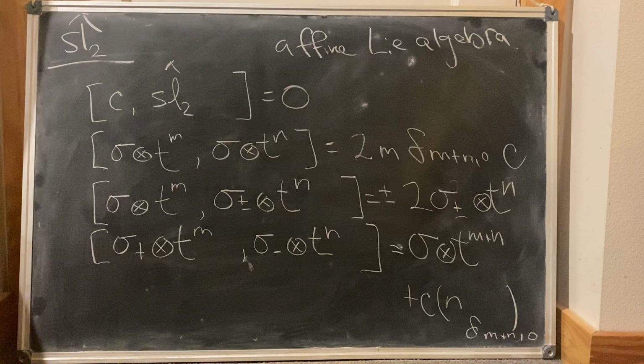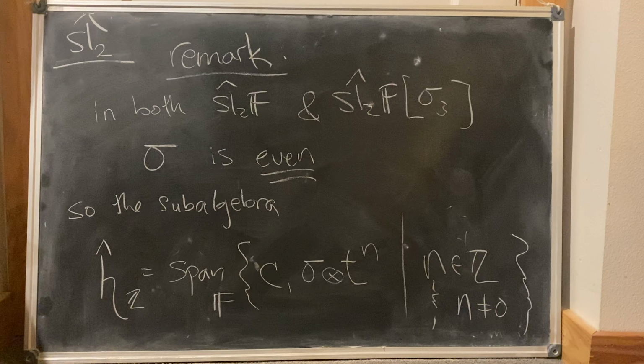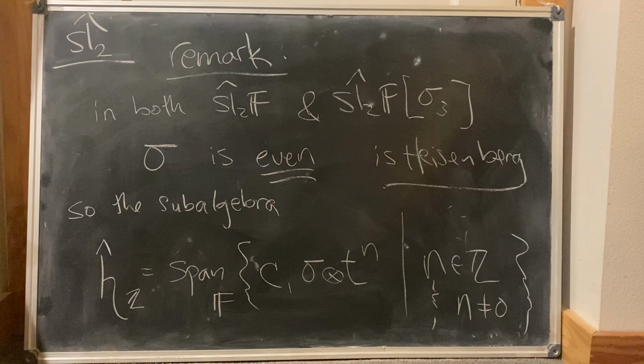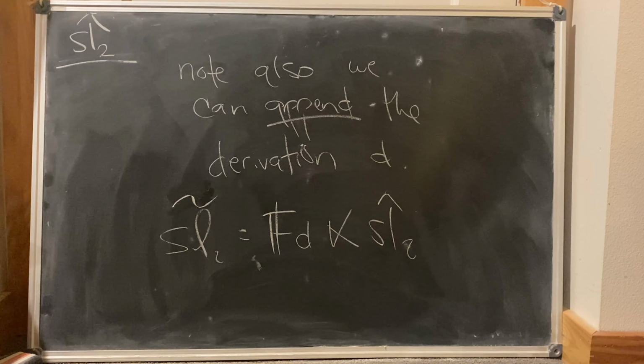This implies that the subalgebra of both affine algebras, given by the span of C, together with sigma times some non-zero powers of t, is a Heisenberg subalgebra. Moreover, it's essentially the familiar Heisenberg subalgebra H sub Z we discussed in Chapter 1. Note that we can and will append the degree derivation to these algebras in the usual way.